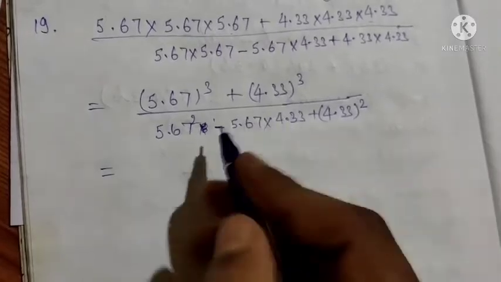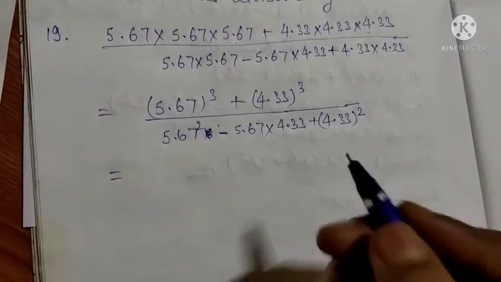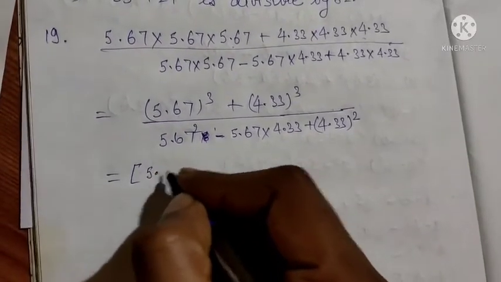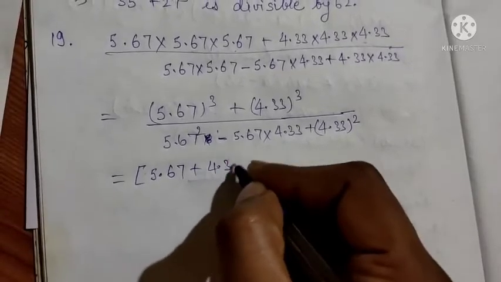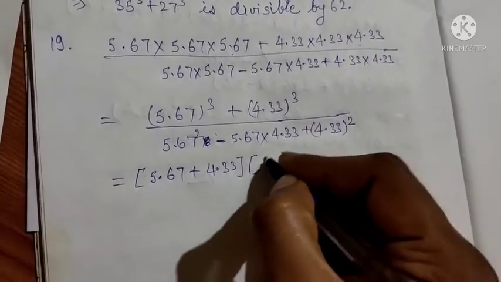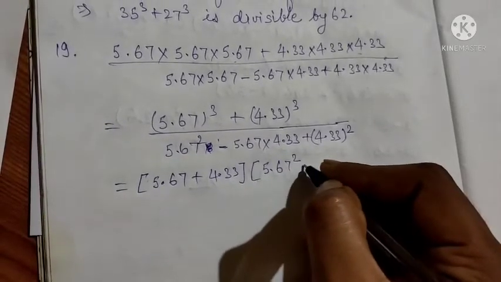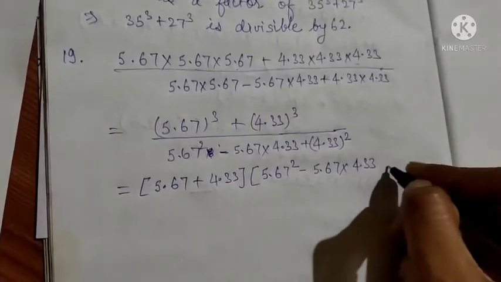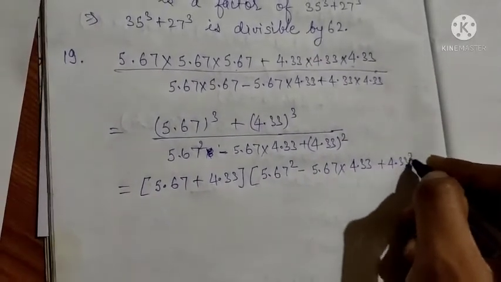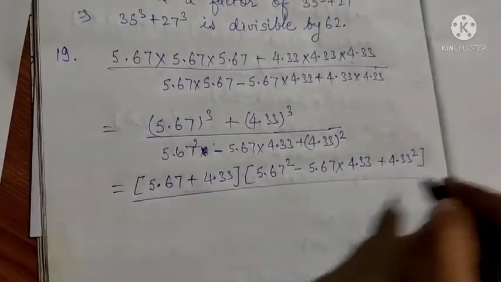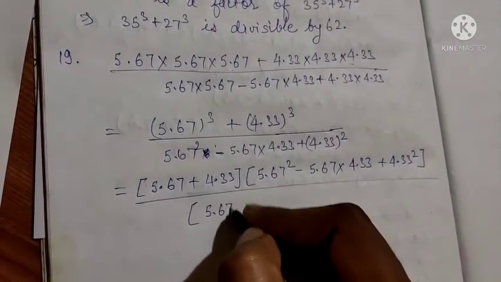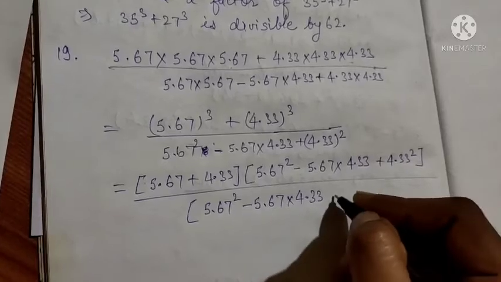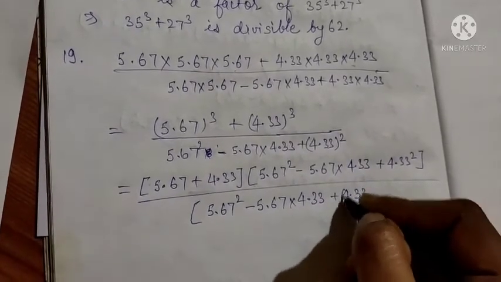Hence a cube plus b cube, so (a plus b) into (a square minus ab plus b square), so we can write it as (5.67 plus 4.33) into (5.67 square minus 5.67 into 4.33 plus 4.33 square) by (5.67 square minus 5.67 into 4.33 plus 4.33 square).